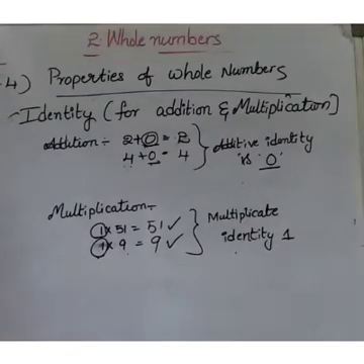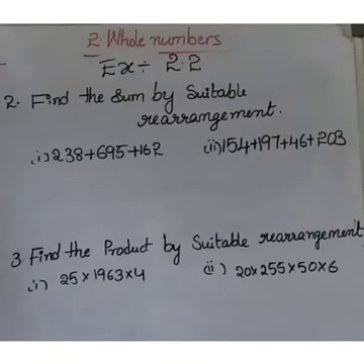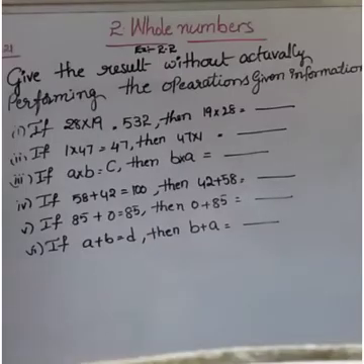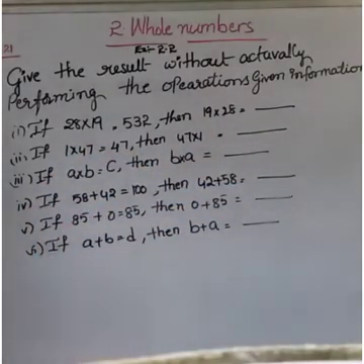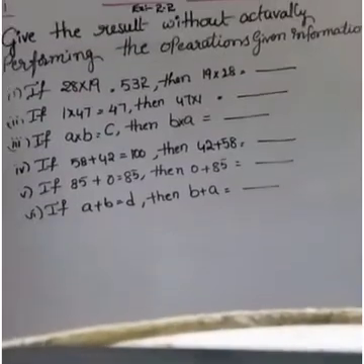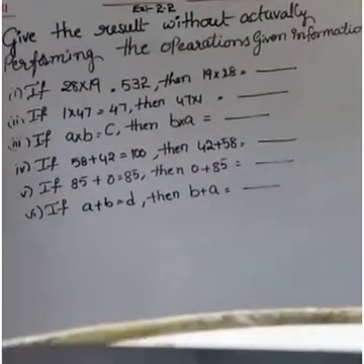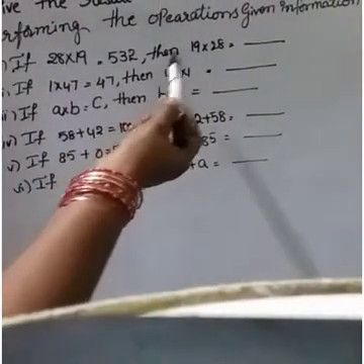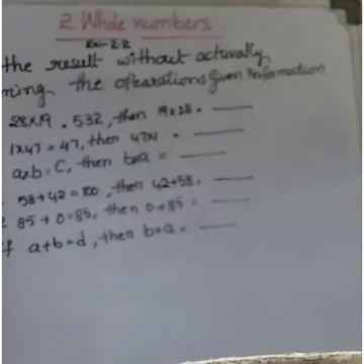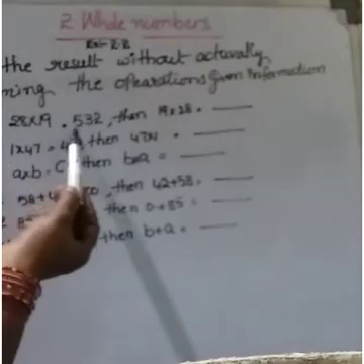Next, let us go to our exercise. Exercise 2.2. 2.1 is already completed. Give the result without actually performing the operations, using the given information. Look here, children. Here 28 into 19 is equal to 532.